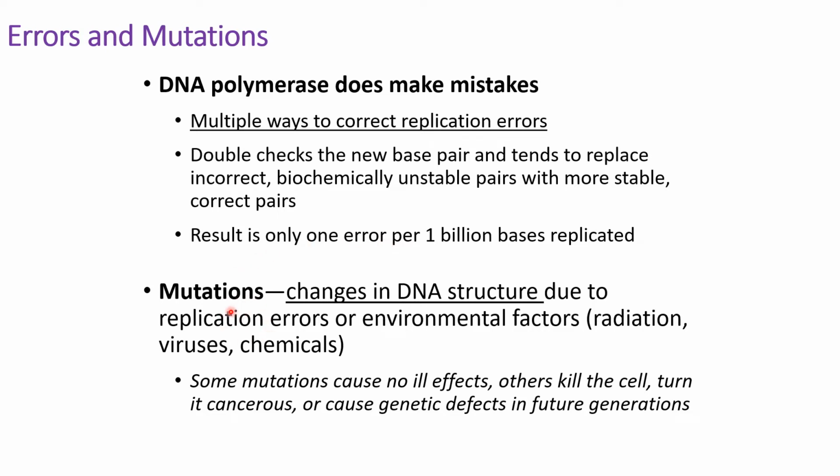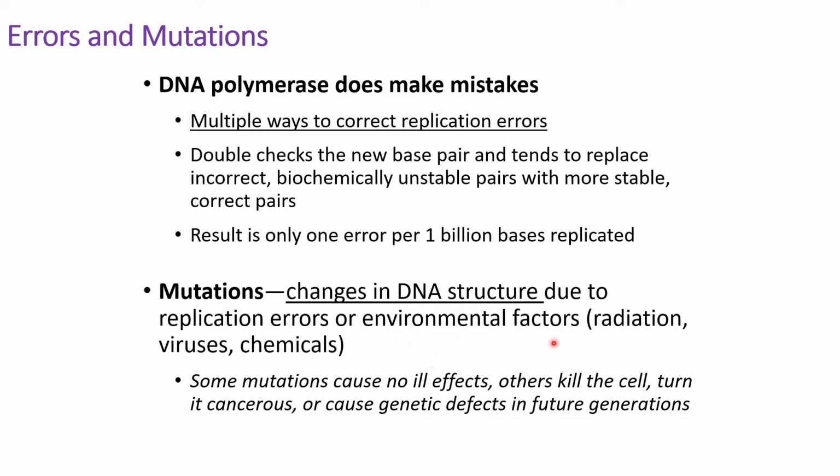Now, let's mention mutations. What is a mutation? A mutation, very simple definition for this. It is simply a change in the DNA structure. That's all we can say a mutation is. It is a change in DNA structure. What causes that change in DNA structure can be many factors.